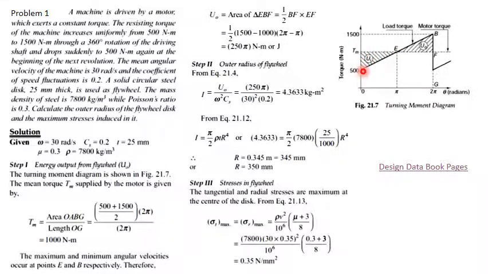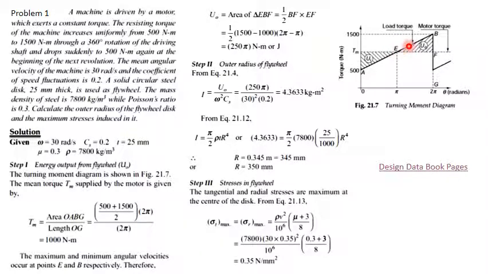So the power supplied by the motor during this phase will be utilized to increase the speed of the flywheel. Now from point A onward, when it moves to point E, the speed of the flywheel will go on increasing because the driving torque is smaller than the mean torque. And as it reaches E, the flywheel attains the maximum angular velocity.